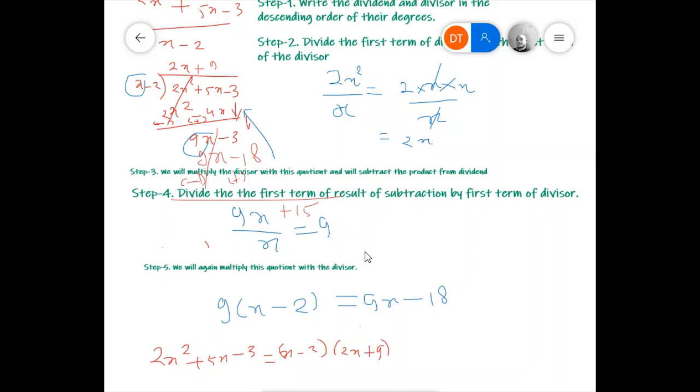Okay, and the remainder is what? Plus 15.